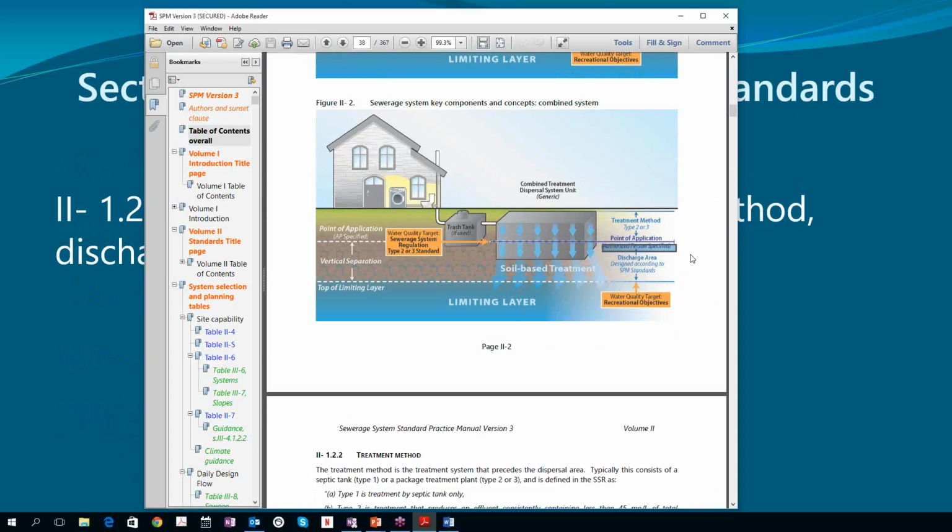I don't necessarily know whether that's the salesman's fault or not, but below that point of application, we have to have adequate vertical separation, and we have to decide whether it's uniform distribution or not, and all the other standards apply, and that's our problem below that point of application.